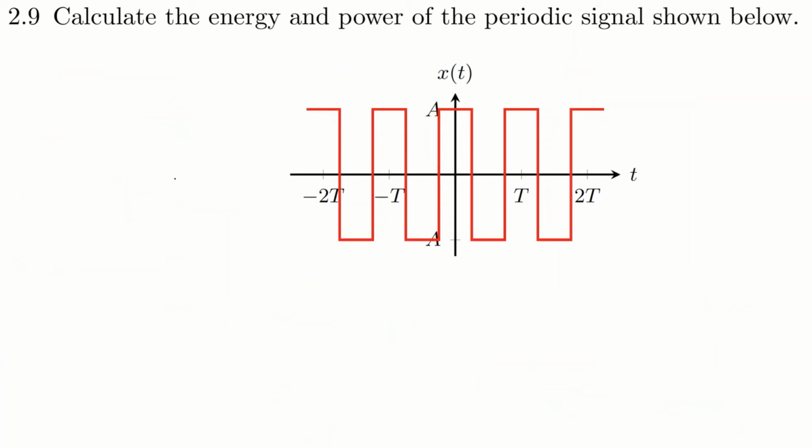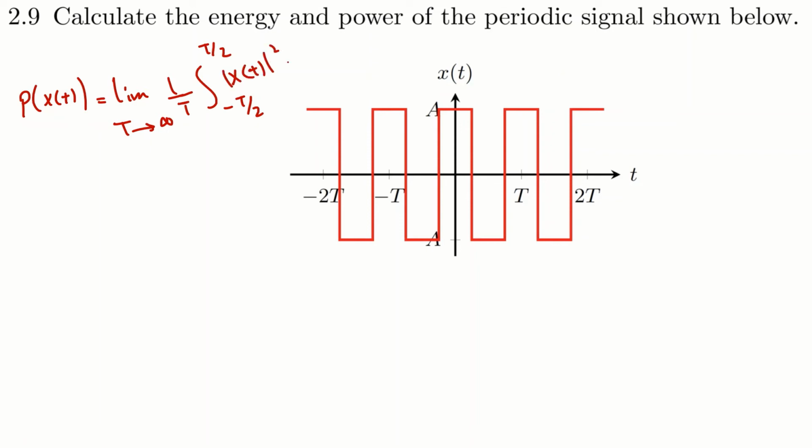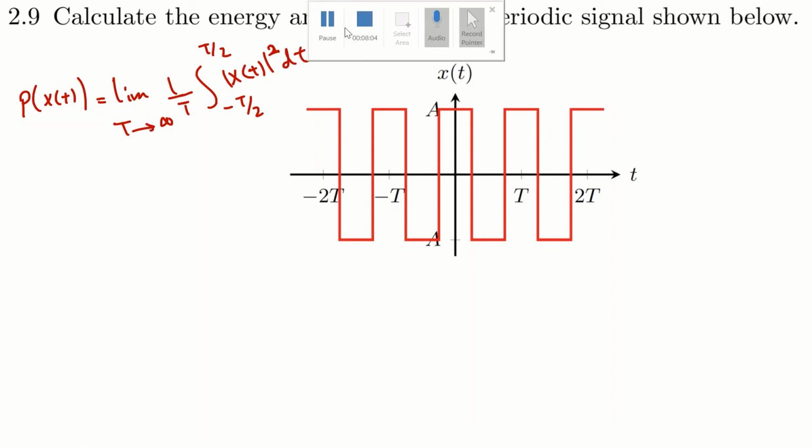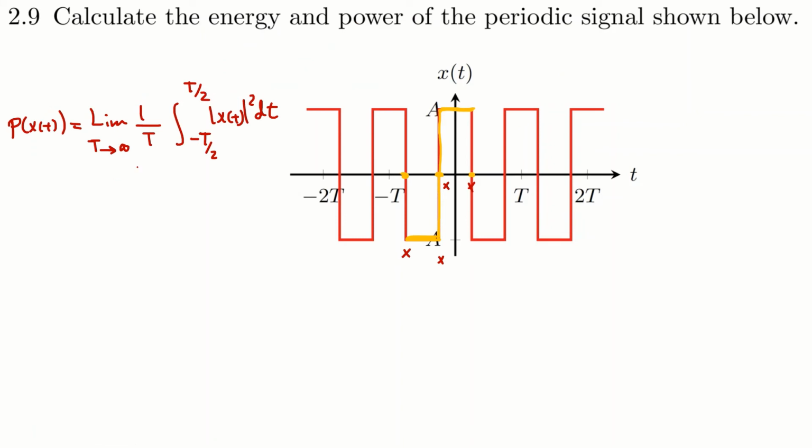Let's calculate its power. For the power of the signal x(t), we have this formula: 1 over T times the integral from minus T over 2 to T over 2 of x(t) squared dt. I removed all the stuff here and rewrote the formula for the power of the signal.